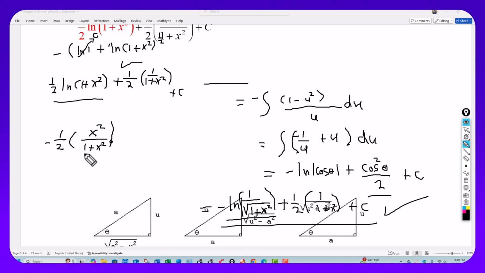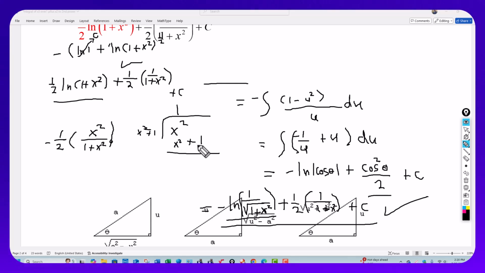So let's take this part right here and do a long division. This is a part that went with the integration by parts. Let's divide x squared by the denominator x squared plus 1. Long division. So x squared into x squared is 1. 1 times x squared is x squared. 1 times 1 is 1.